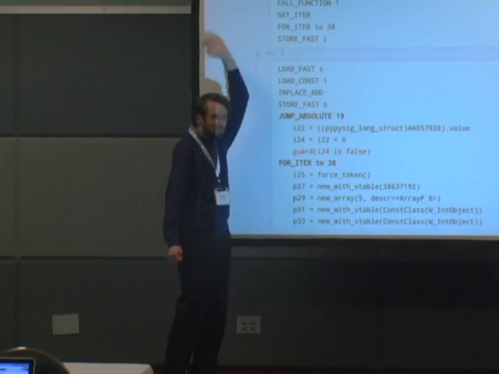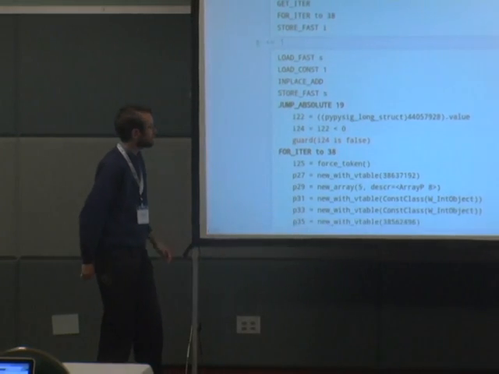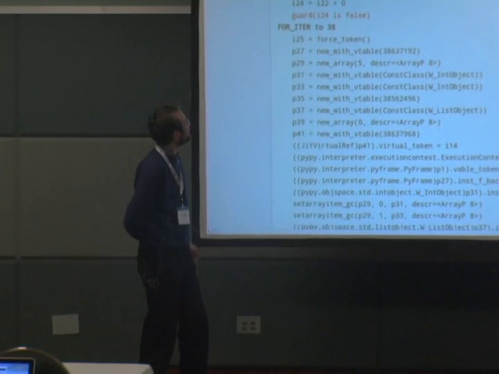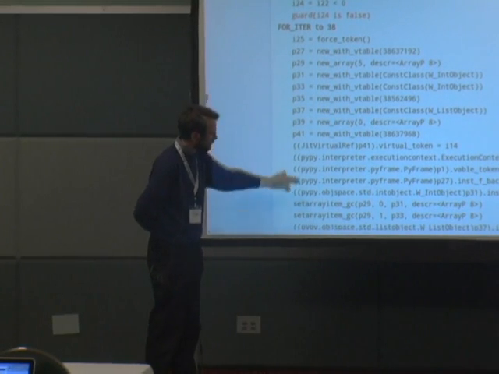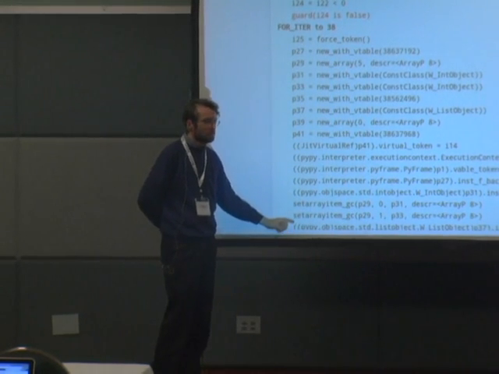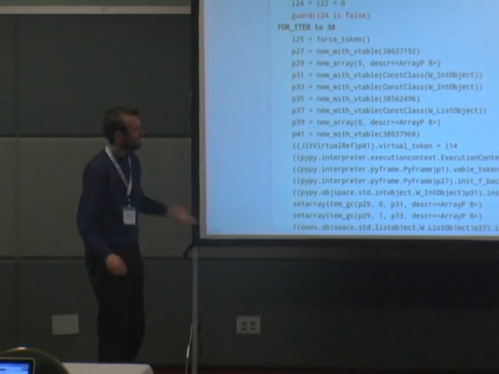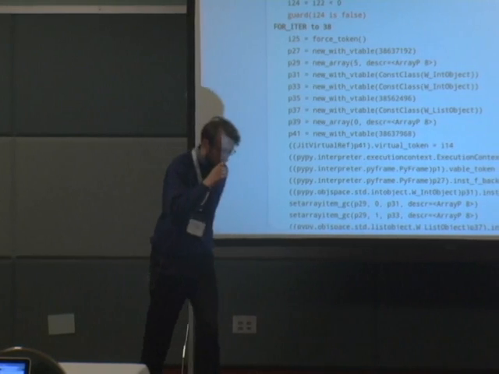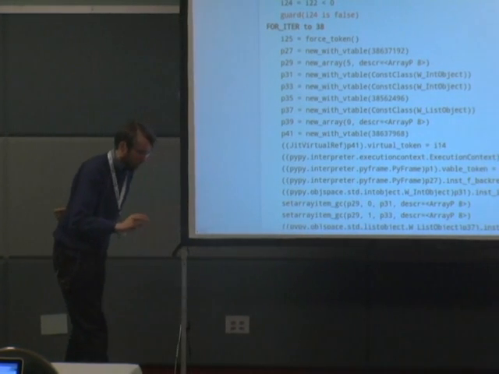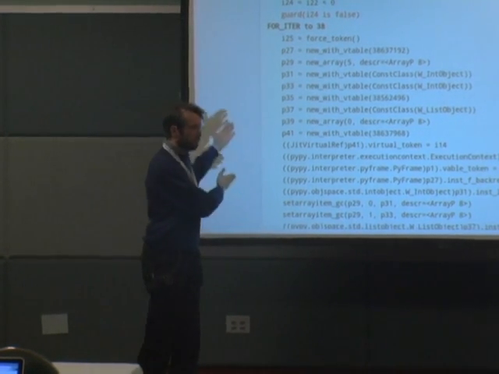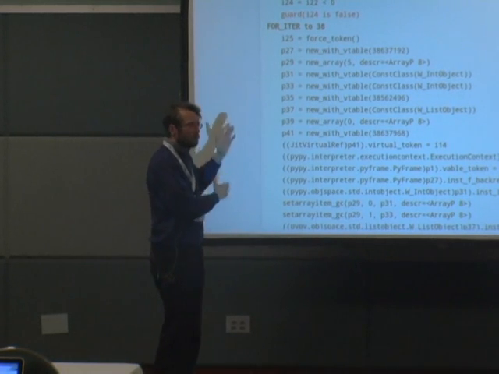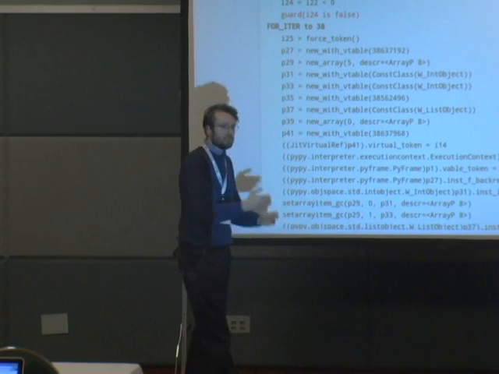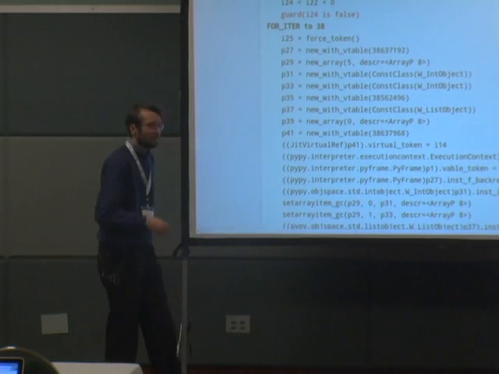S is 0 anyway, so it's all constant folded. Okay, and here you have the call. The point is that the control flow here is completely different from the control flow of your source program.